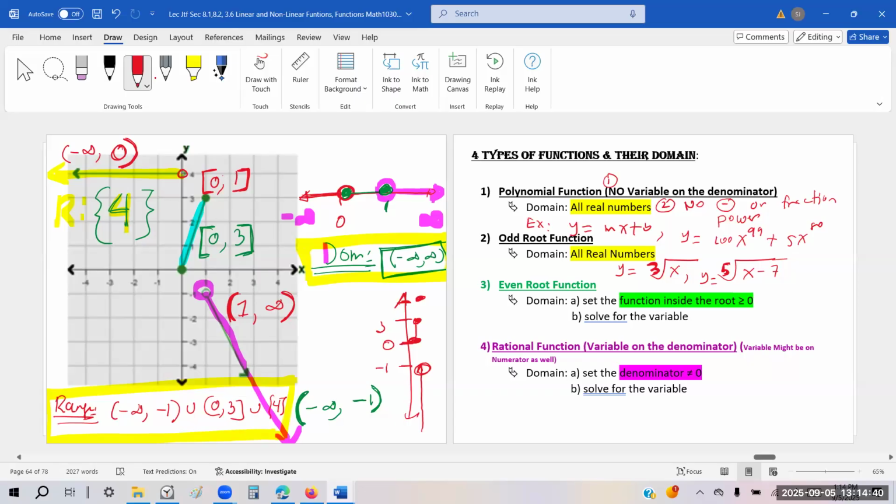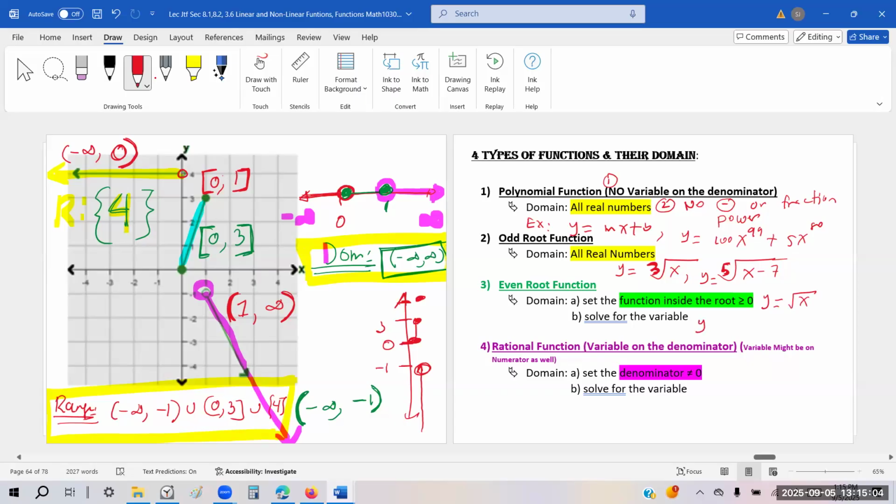Our problems start with the radical function. If you have a square root, meaning the number inside is not odd but even, then there is a problem. One example, y equals square root of x.